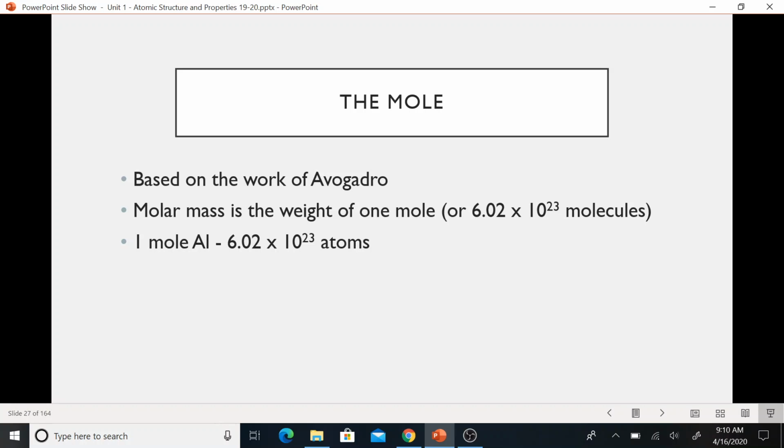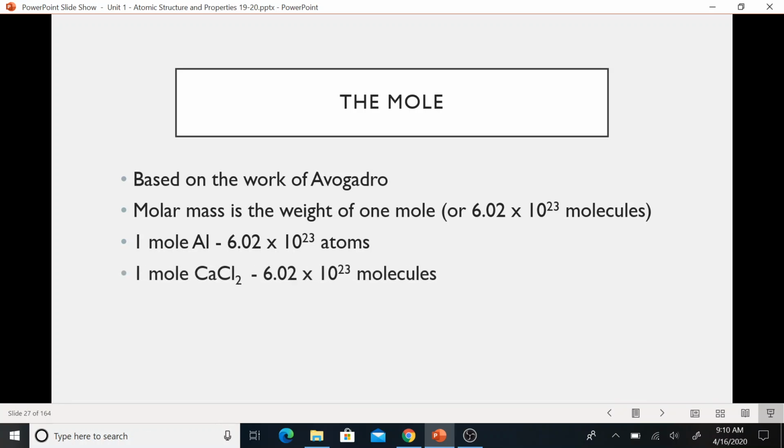Now, if we want to take that further, what that's communicating to you is that the mass of 6.02 times 10 to the 23rd atoms should be equivalent to 26.98 grams. If you look at your periodic table, that's the mass that's found on the periodic table for aluminum. So that number of atoms, 6.02 times 10 to the 23rd, is going to have a weight, or a molar mass, of 26.98 grams, right?